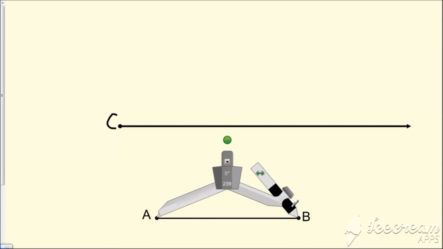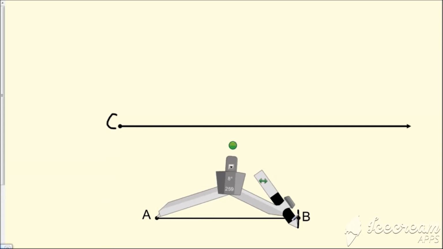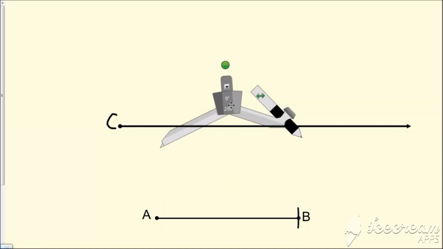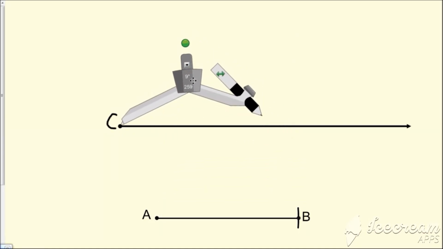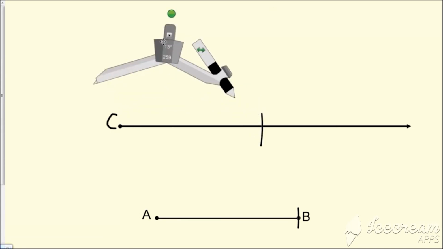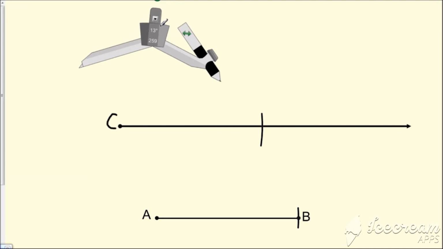To verify, we sketch an arc, and we can observe that this arc intersects point B. Now we set the fixed end of the compass on point C, and sketch an arc until it intersects our reference line. We label this intersection point D.